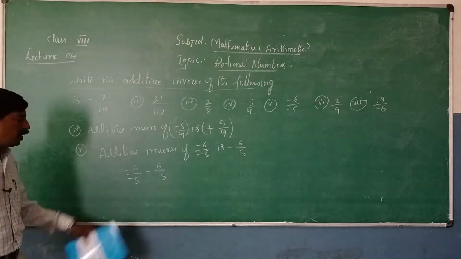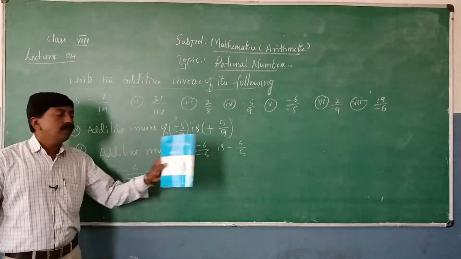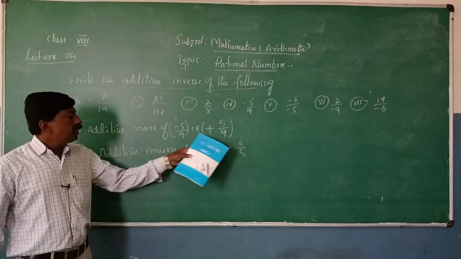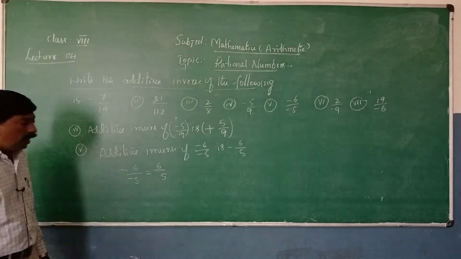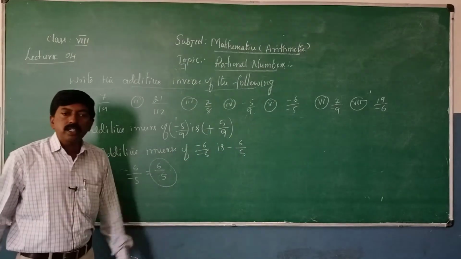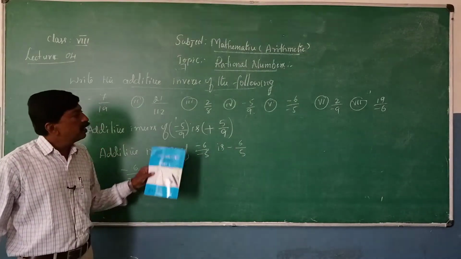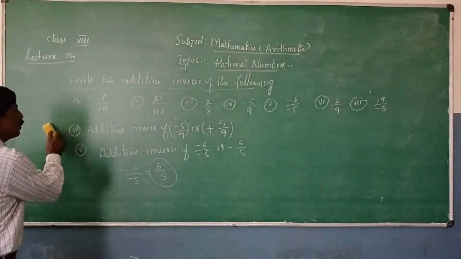Its additive inverse is minus 6 by 5 because the sum of these two is 0. Remember, you can simplify and write its additive inverse like this.